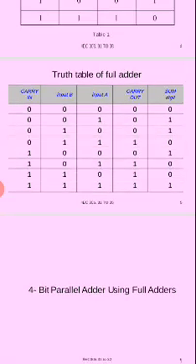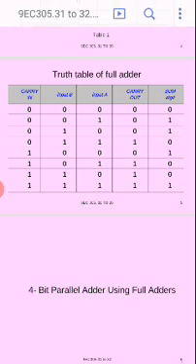For these combinations: for 0 0 0 combination, carry 0, sum 0. For 0 0 1 combination of input, carry 0, sum 1. For 0 1 0 combination of input, carry 0, sum 1. For 0 1 1, carry 1, sum 0.